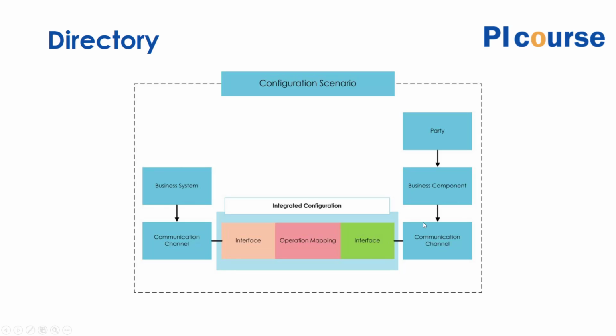And here you have a communication channel also, but you could also use parties, and we'll cover that later. A party is if you want to deal with, for instance, UBS or MasterCard. You define them as a party because they're a specific business entity that you want to deal with. And here you define a business component because it's not any system you have in your own landscape.